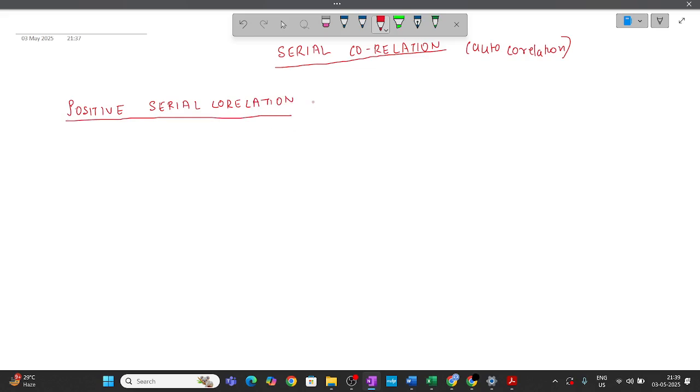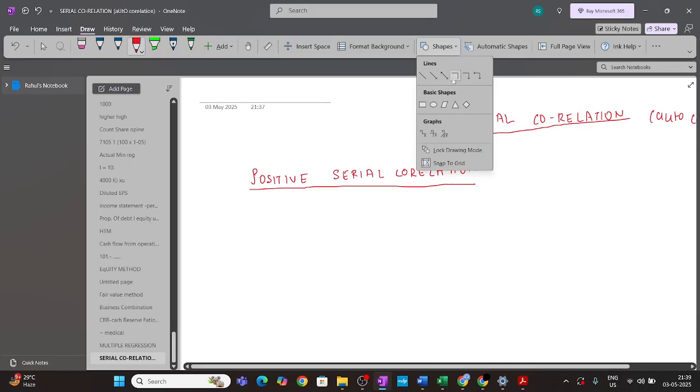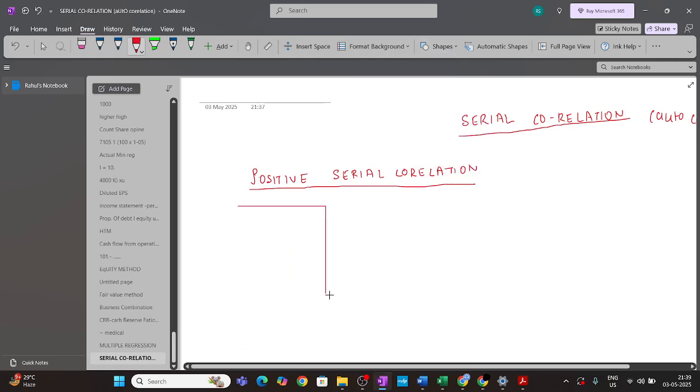Now what happens here is that a positive error today increases the chance of a positive error tomorrow, and a negative error today increases the chance of a negative error tomorrow. So it's going to look like this.